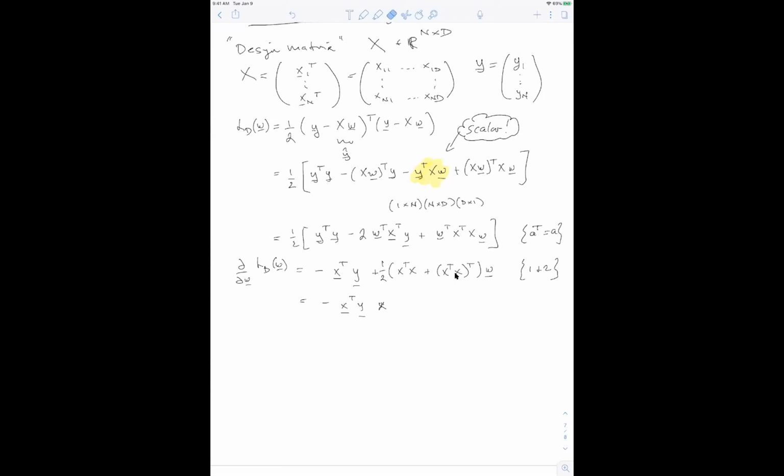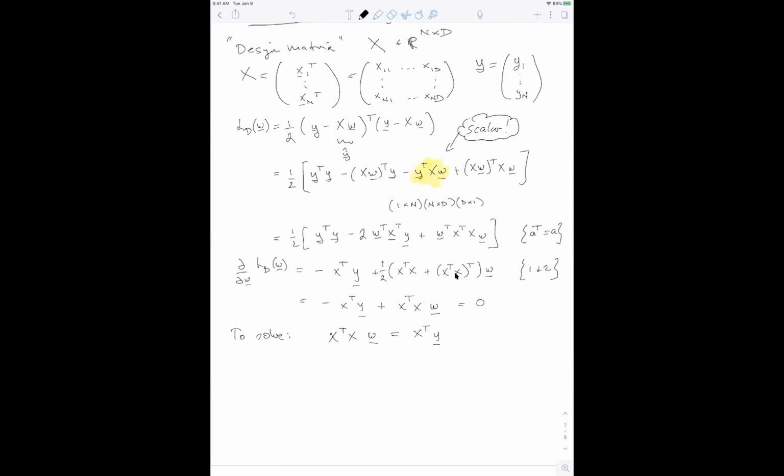So now I've got plus that. And now I can set that to 0 and solve. What do I have? I have this, trying not to write those bars underneath the x's.